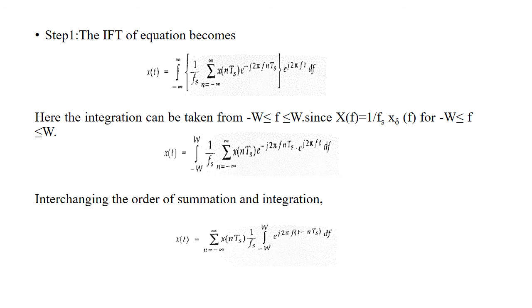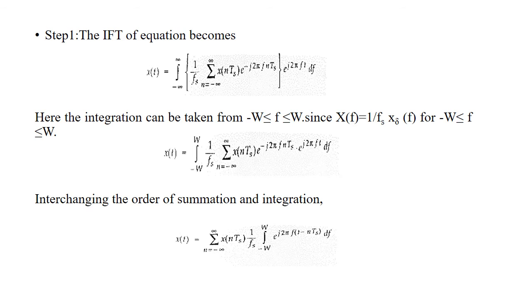It becomes x(t) = integral from -∞ to +∞ of 1/fs summation n = -∞ to +∞ of x(nTs) e^(-j2πfnTs) times e^(j2πft) df. Here the integration can be taken from -W to +W as the frequency limit.